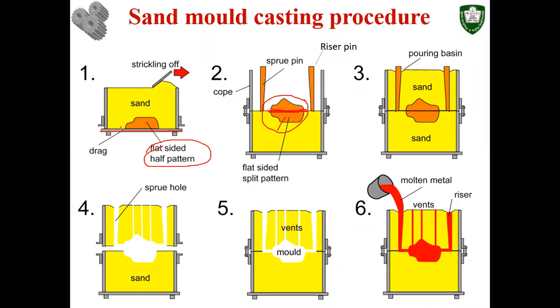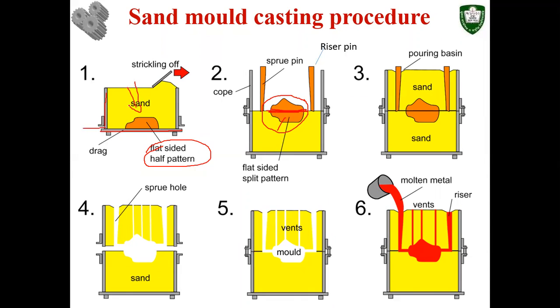You put that first half pattern in there, and then you put the drag in place upside down. This is the upside of the drag, so you need to put it upside down, and then you put the first half of the pattern. Then you put the sand.